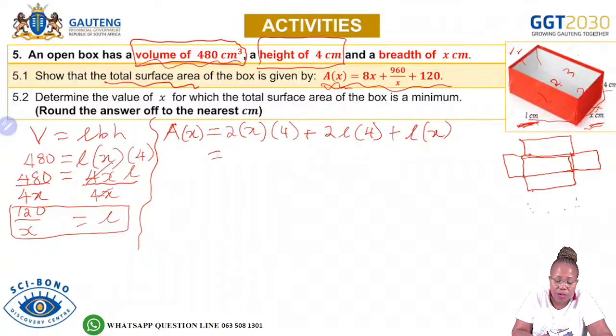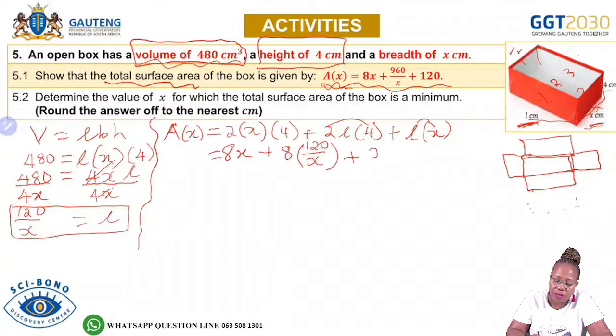So this brings us to the area being 8x for the first part. And then for the second one, we are having 2 times 4, which is 8. And then with the length, what is our length in terms of x? It is 120 over x. Plus, we have our length times x, that will be x into the length of 120 over x.